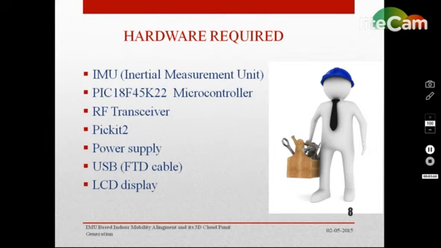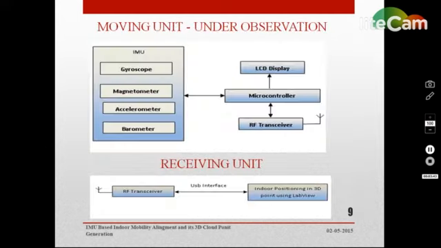The IMU here is a GY80 IMU, which gives 10 degrees of freedom, and the PIC 18F series has a 40 pin IC with various specifications, and the RF transceiver is a Tarang model transceiver, and PICkit 2 as a debugger, and the power supply is a 12 volt battery which is most efficient, and USB for interface between RF transceiver and a PC, and LCD display for displaying attitude, direction, and other details.